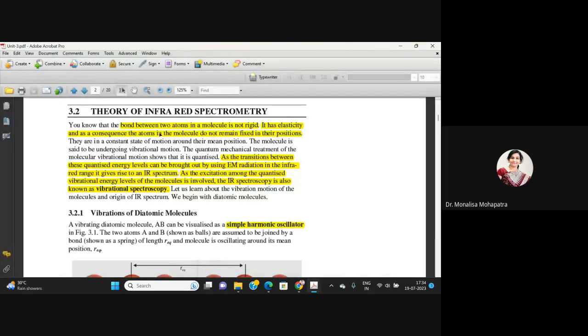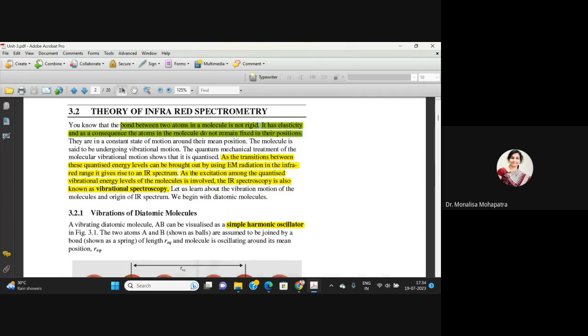Now we'll start with today's topic. When IR radiation is falling on matter, you know the bond between two atoms in a molecule is not rigid. In physics also you might have studied the simple harmonic oscillator, right? So it has some elasticity, and as a consequence, the atoms in the molecule do not remain fixed in their position.